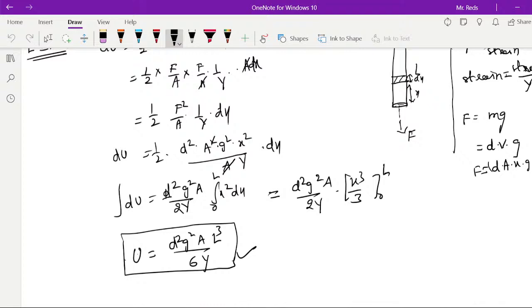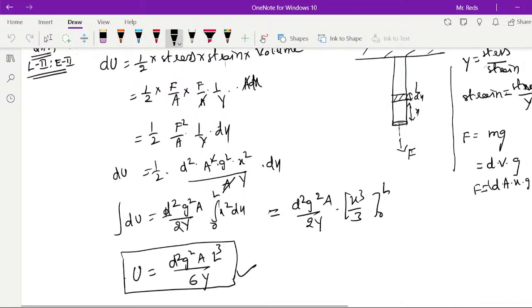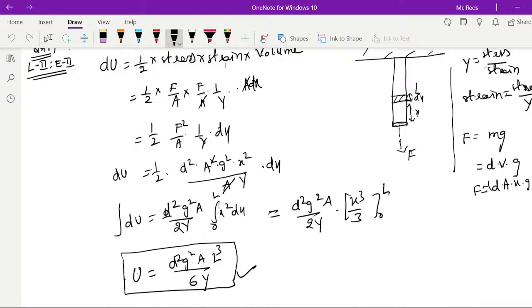Right, next let us see question number 20. Let's copy this, everyone copy it. On the right hand side, you guys have to copy these steps carefully.